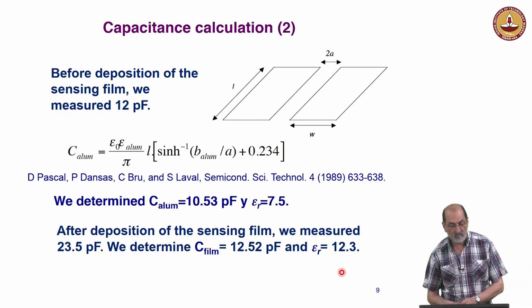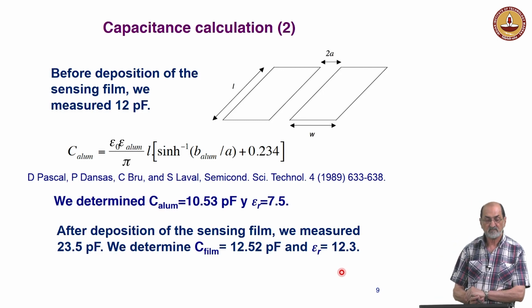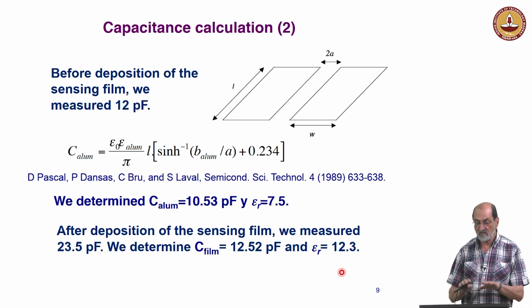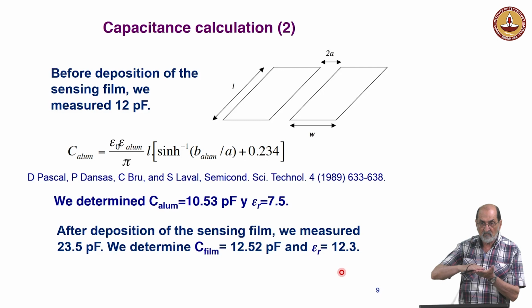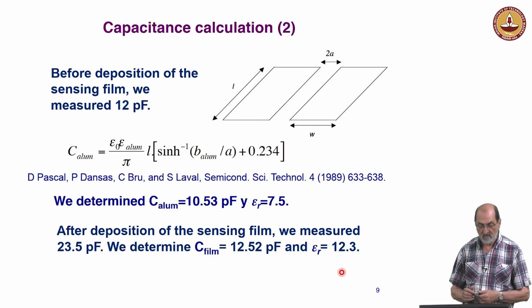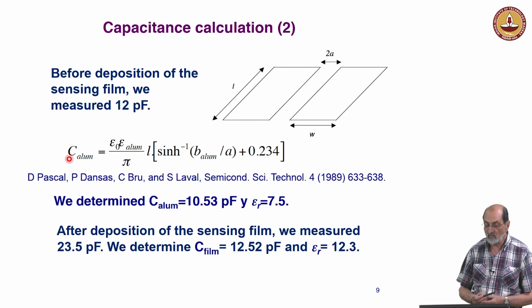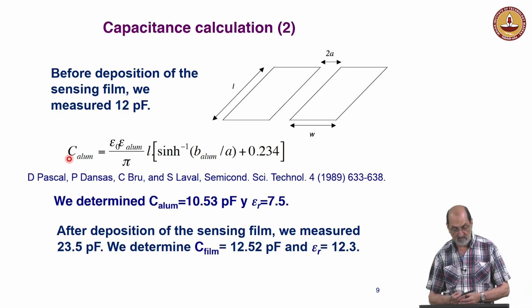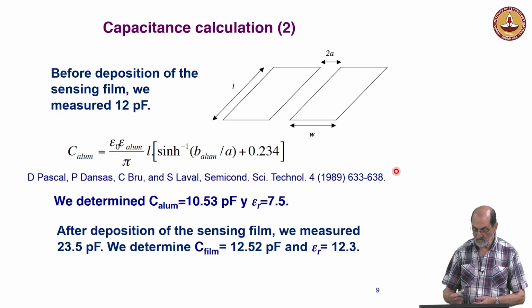Well, before the deposition of the sensing film, we found a capacitance of 12 picofarads. This is much more than the previous one, but here we have the metals and the substrate, which was alumina. So the main contribution was from the alumina, where the metal was deposited. So we calculated the capacitance of the alumina in the substrate, and in those calculations, here is the reference, we determined a capacitance of about 11 picofarads.